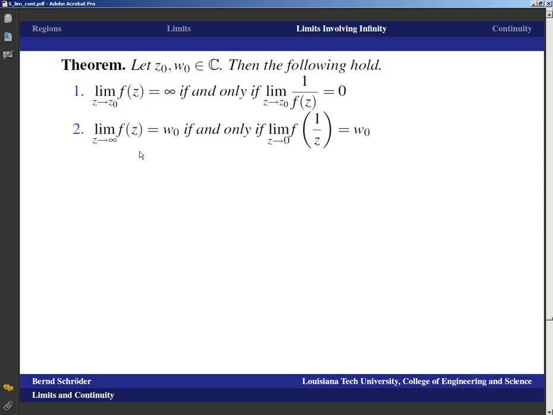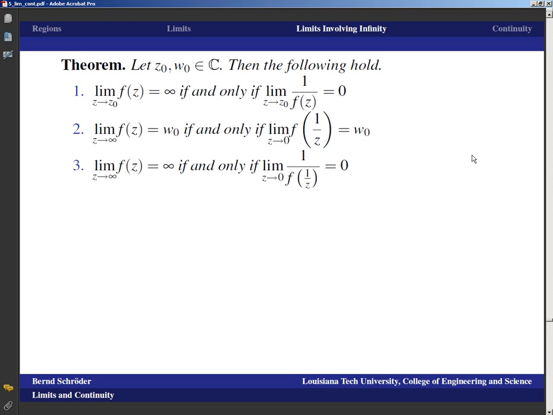The limit as z goes to infinity of f of z is w0 if and only if the limit as z goes to 0 of f of 1 over z is w0. Well, that's because if the input values z get large, that's the same as saying that we can send this z to 0 and then 1 over z gets large. Similarly, if this z goes to 0, then 1 over z gets large.